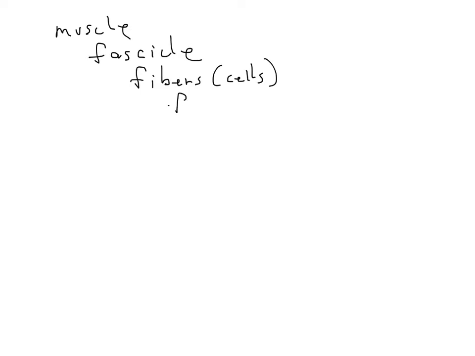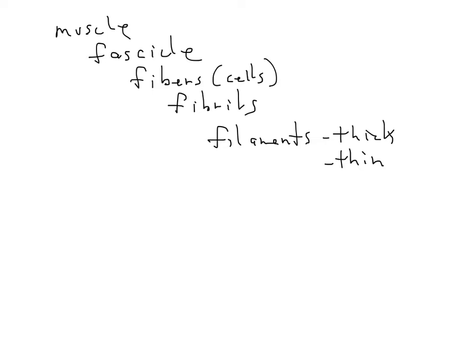Fibers are made of fibrils, which are groups of filaments, and there are 2 types of filaments, thick and thin. And once you get to that filament level, that repetitive pattern of thick and thin filaments forms the functional unit of muscle, which is called a sarcomere.